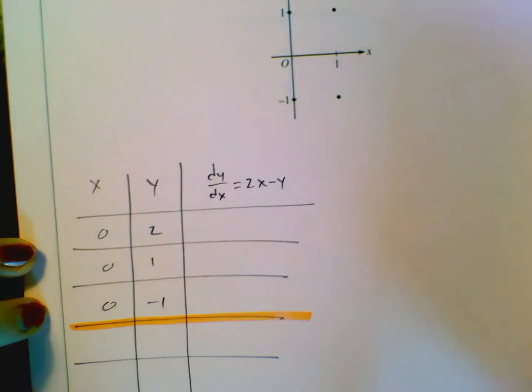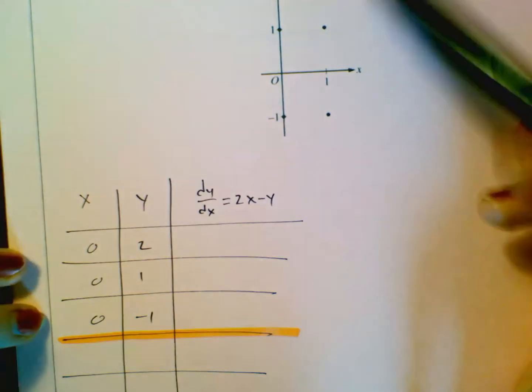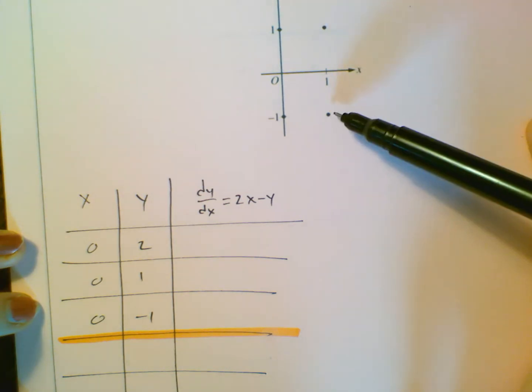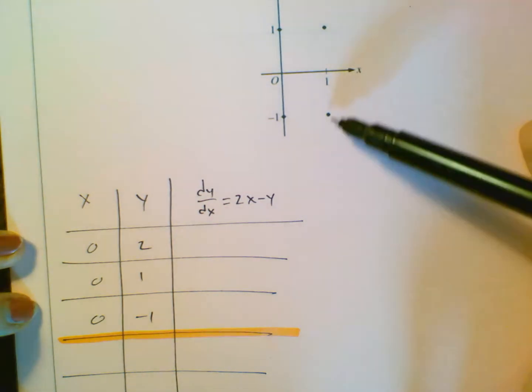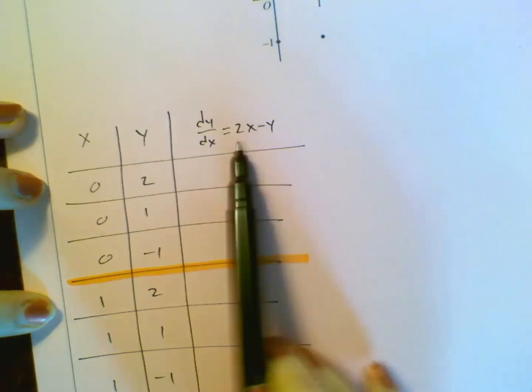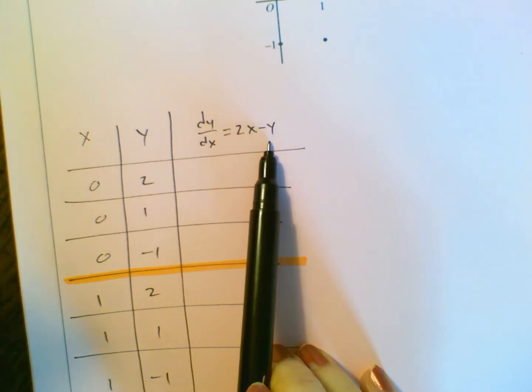Now, these 3 points, the y values are going to repeat. For the y values, we're going to have 2, 1, and negative 1, but this time all these 3 x values are 1. So instead of 0, 2, we're going to have 1, 2, 1, 1, 1, negative 1. And then we're going to plug these x and y into here, and that's going to give us the slope at that point.